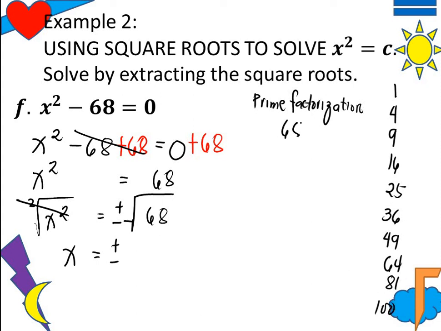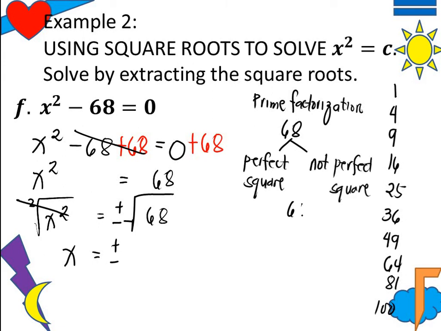So, when you do prime factorization, you need two factors: one perfect square and one not perfect square. So, what are the factors of 68 where one is a perfect square and the other is not? Think of the greatest perfect square that can divide 68. That is 4. So, 68 divided by 4 is 17.